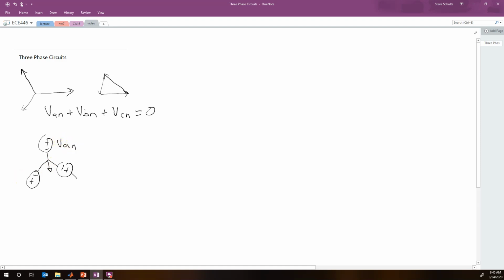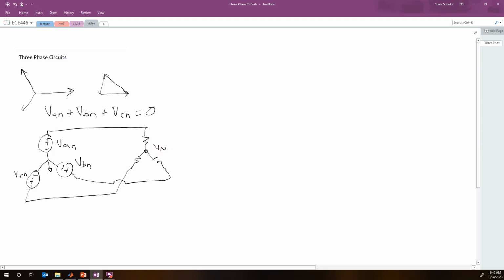This is my VAN, this is my VBN, and this is my VCN. Then we're going to come over here and draw them as resistors. This point is connected over to here, and this point here is connected over to here. Then this point here is our Vn that we're trying to find.